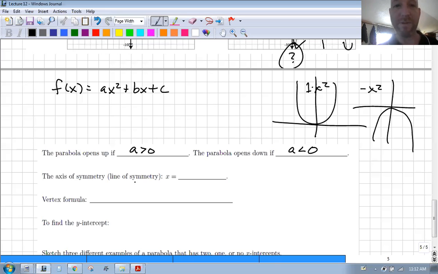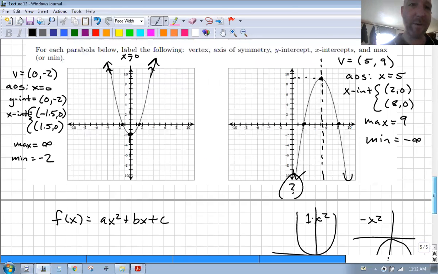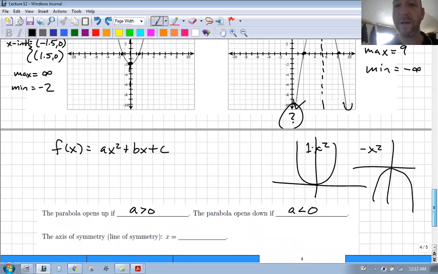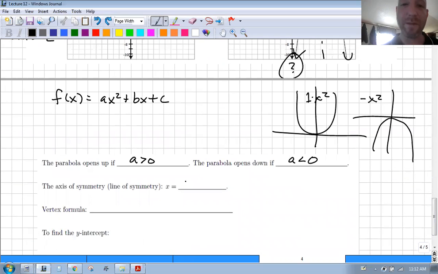The axis of symmetry, your line of symmetry, right? How do we find this guy? Well, the axis of symmetry always goes through the vertex. You see that? Here's your vertex. Well, your vertex happens to be at negative b over 2a.